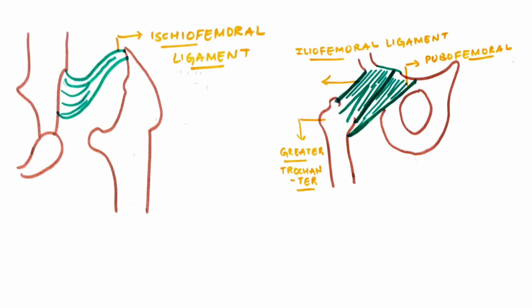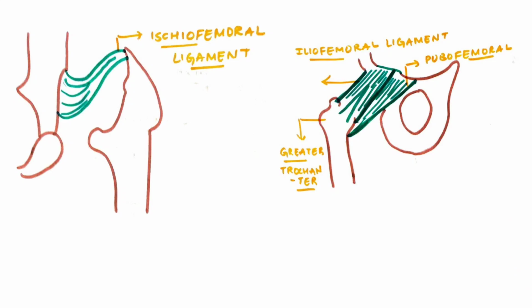Now coming to the fifth ligament, which is the ligament of head of femur, or ligamentum teres, or round ligament of head of femur. It is again triangular in shape and it is flat. It is attached to the fovea capitis, which is present on the head of the femur. So basically the head of the femur contains a little depression in its center, which is known as the fovea capitis. This fovea capitis has the attachment of the ligament of head of femur to it.